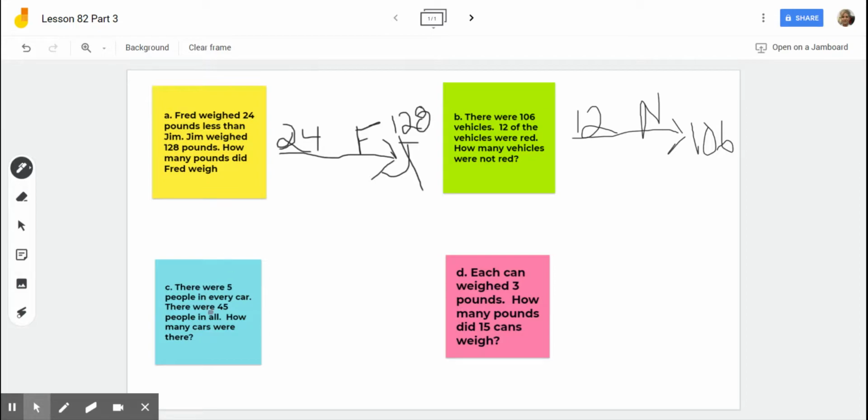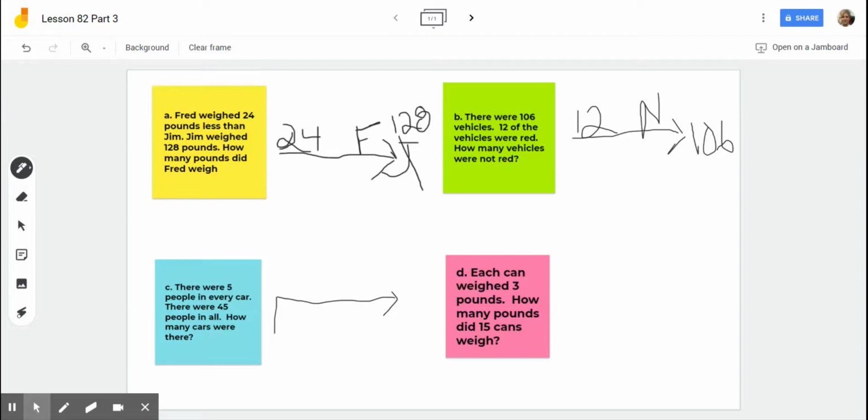There were 5 people in every car. There were 45 people in all. How many cars were there? So let's see. I think that's a multiplication or division problem. So I'm going to make my arrow this way because that's what I have to do if I'm multiplying or dividing. Did I say add and subtract? I didn't mean that. I meant multiplying or dividing.